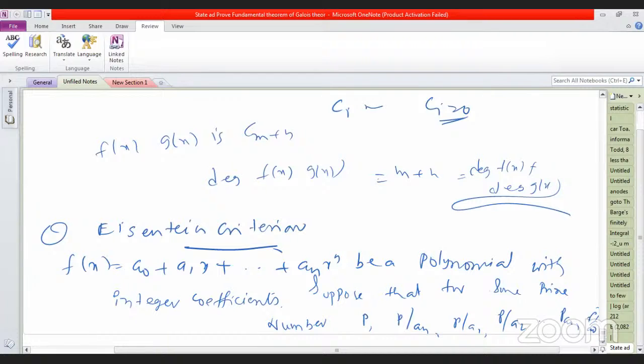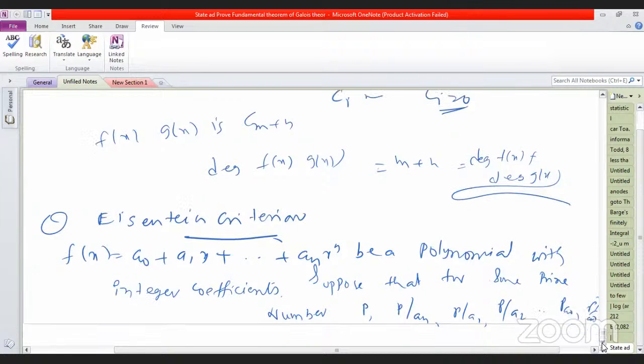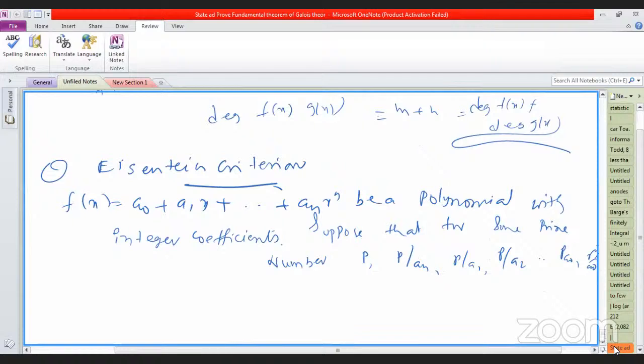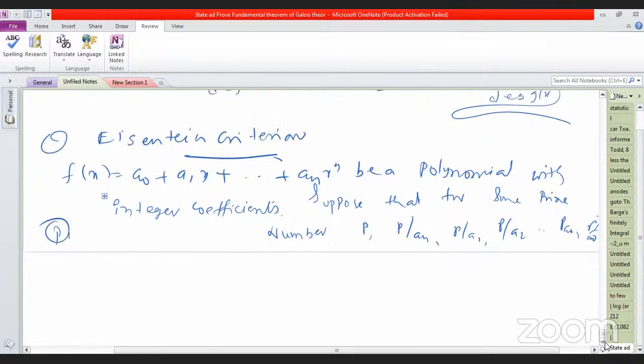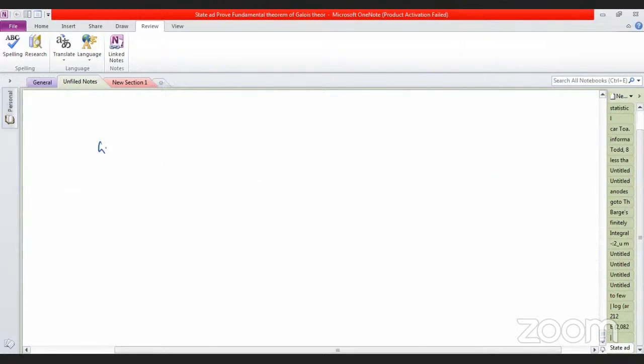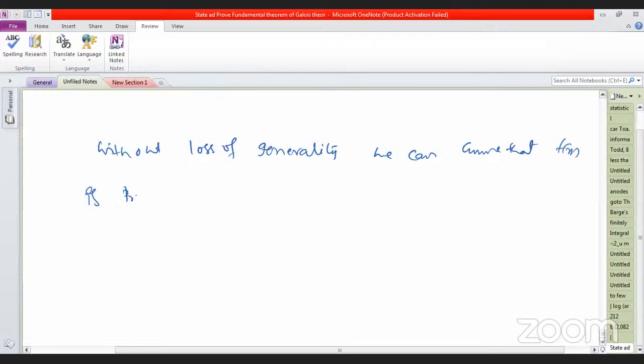Already told you f(x) is irreducible over the elements we are taking here. So without loss of generality, we can assume that f(x) is primitive.